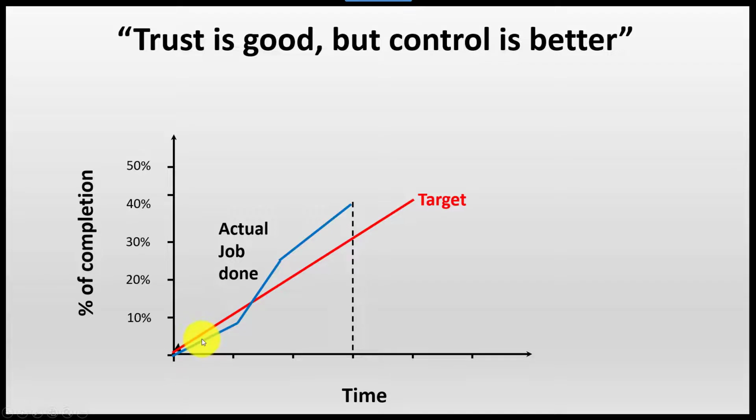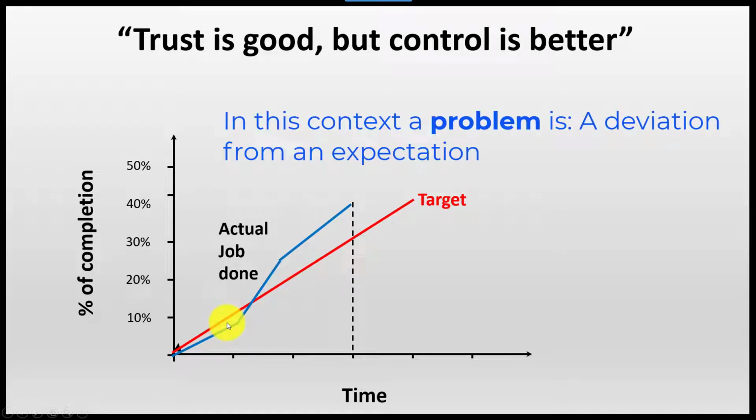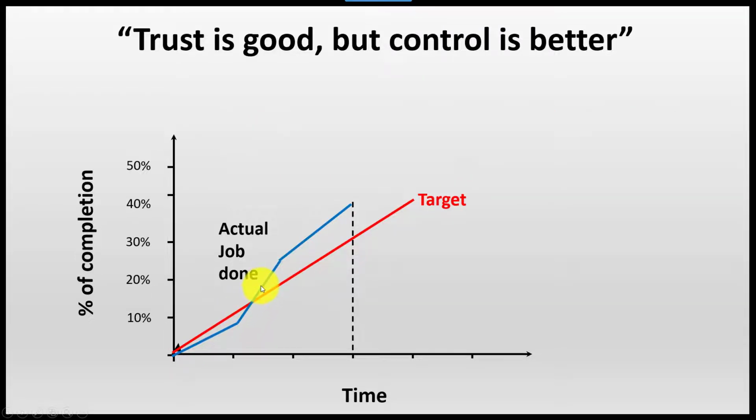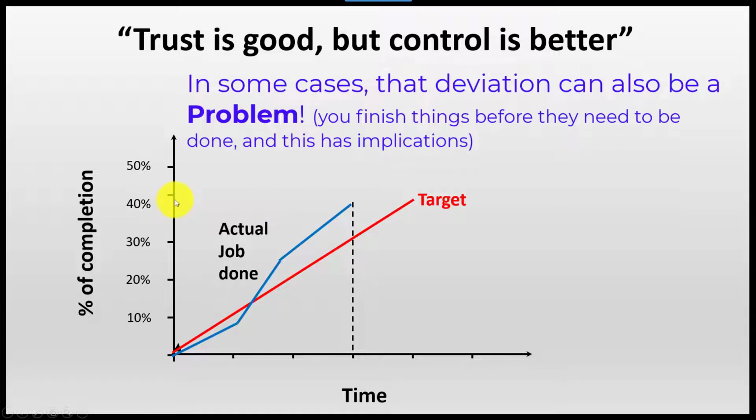And sometimes at a certain moment in time, you are below your target. This is what we call a problem, by the way, a deviation from an expectation. But then suddenly you catch up, and then you really move ahead. So now in this case, you are way ahead because you are already at 40% completion, and 40% is supposed to be done the next month, as you can see on our target.